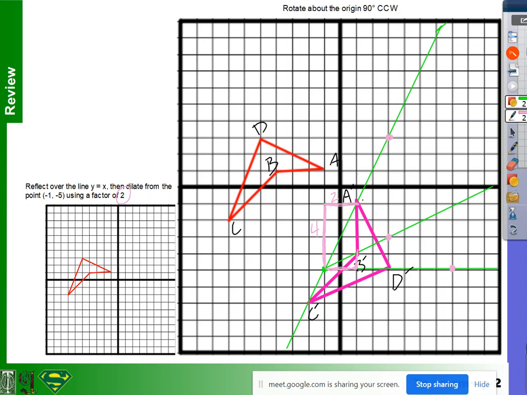And finally, you go ahead and find the corresponding point to C. And then connect the dots.